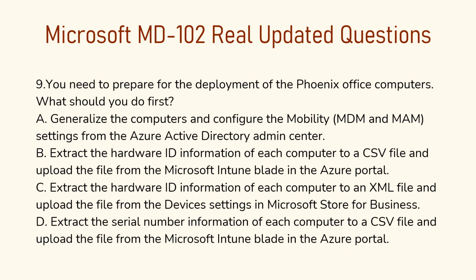C. Extract the hardware ID information of each computer to an XML file and upload the file from the device's settings in Microsoft Store for Business. D. Extract the serial number information of each computer to a CSV file and upload the file from the Microsoft Intune Blade in the Azure portal.